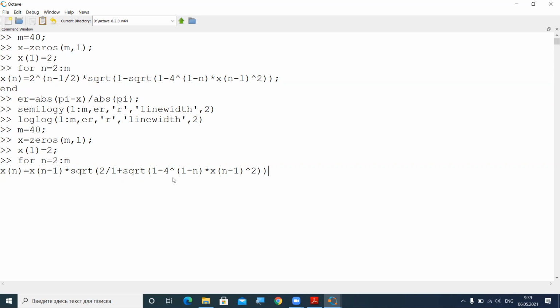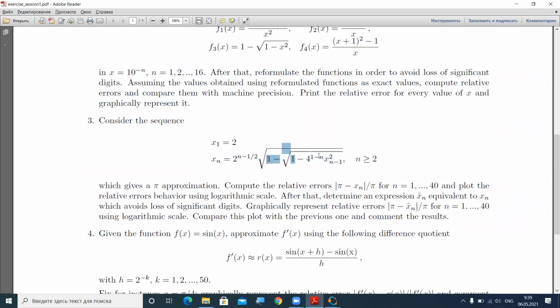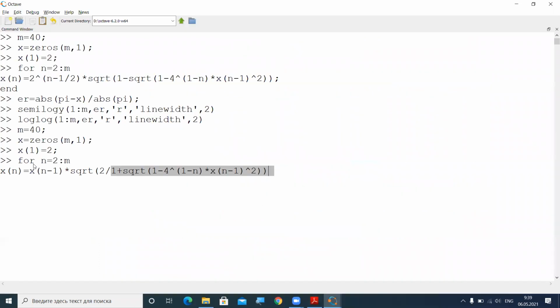Yeah, so you can see here 2 over this one. This is the conjugation form for this one. Is it clear? Yes, Professor. You can prove it. Okay, now let's continue. Put a semicolon. If you don't put a semicolon, it will show us the result, but we don't need the result here.